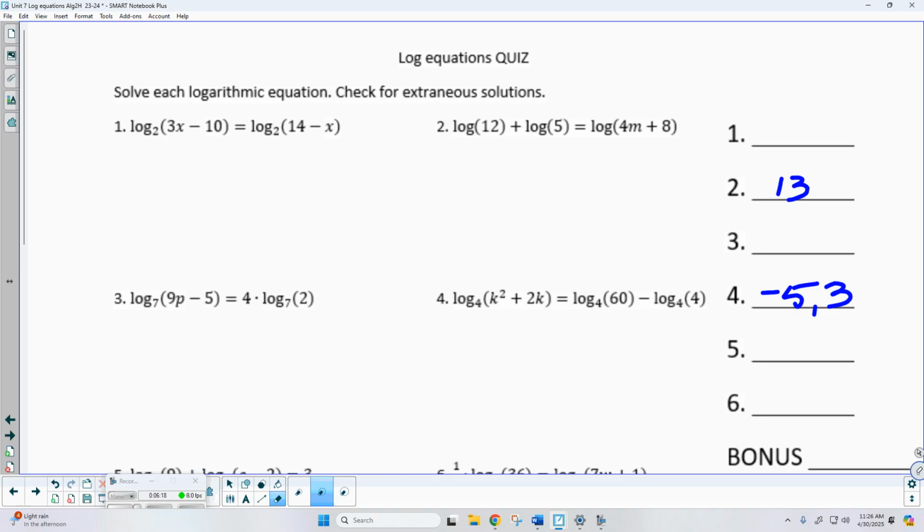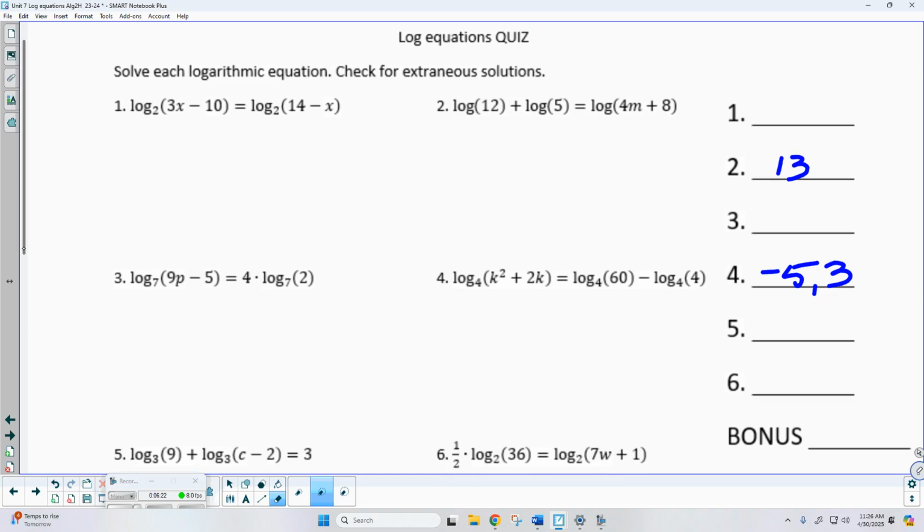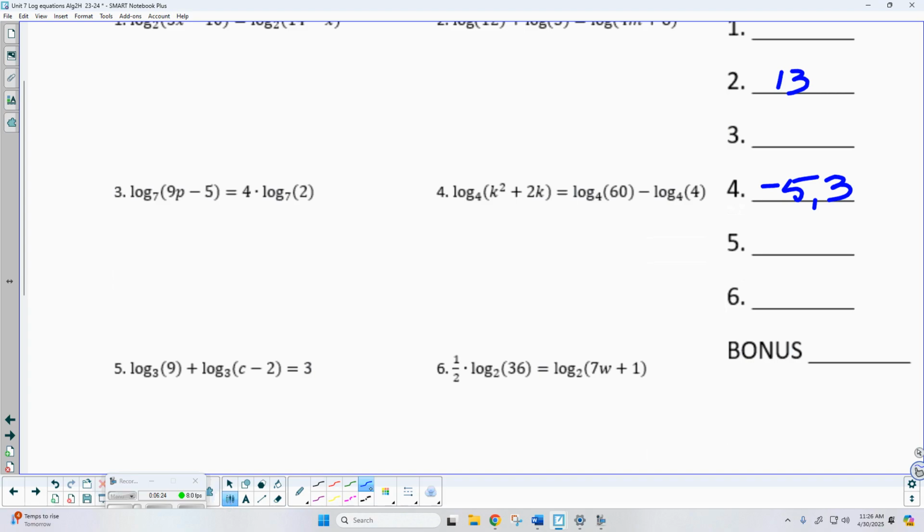Any other questions? Yes, number three. Now this one looks like it's already a log equals log, but we can't cancel out the logs just yet. What am I missing? That 4. There's nothing to condense but a coefficient. Remember, I can make it a power inside of that argument.